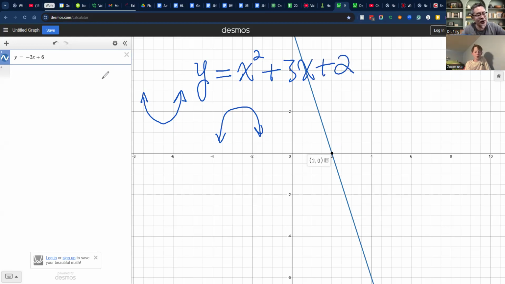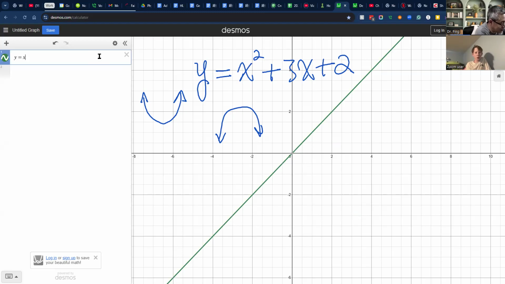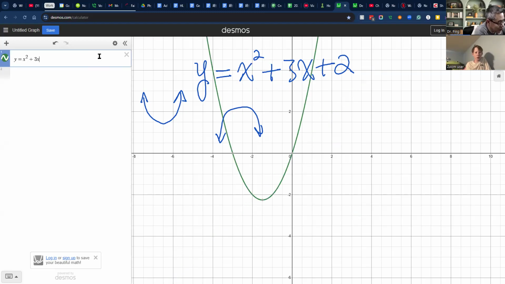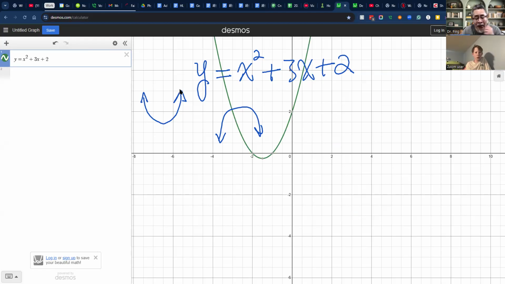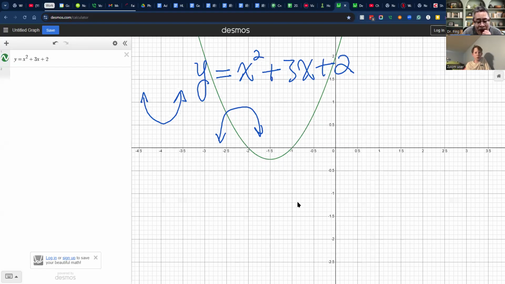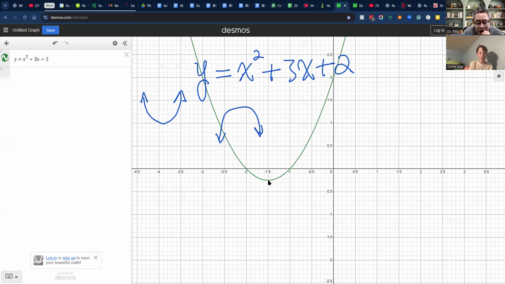So now we can see what it looks like. y equals x squared plus 3x plus 2. Okay, now you can see, zoom up a little bit, and here is the vertex point.